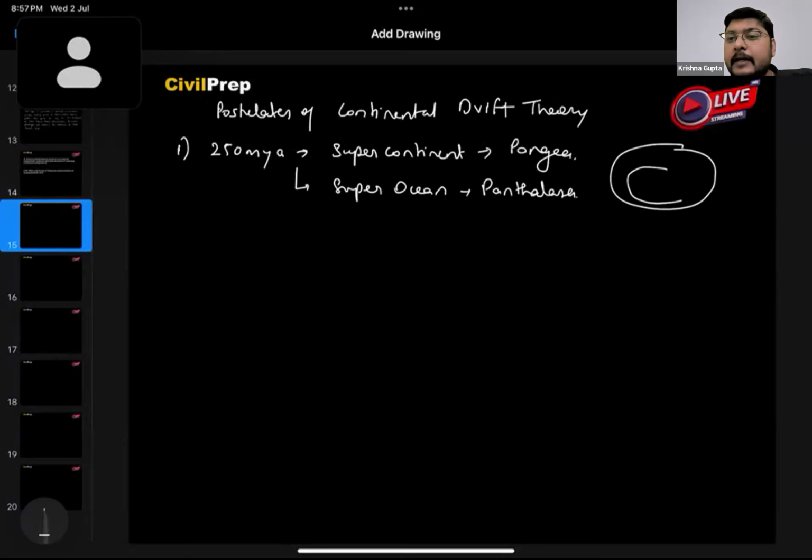You need to draw this diagram very well. This is the equator, this is 60°, and this is the pole. The majority of the continent's lower part has to be below the 60° line, and the upper part should coincide with the equator. So this is Pangaea, and this is Panthalassa.